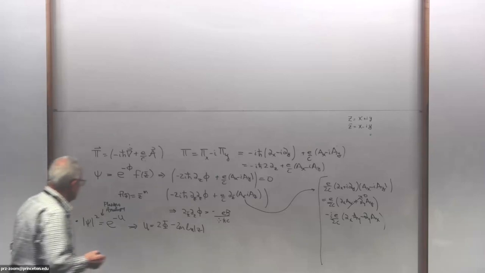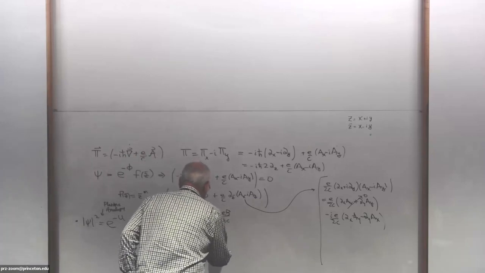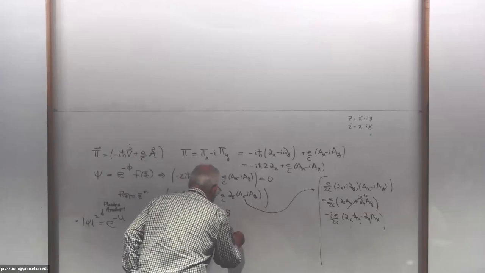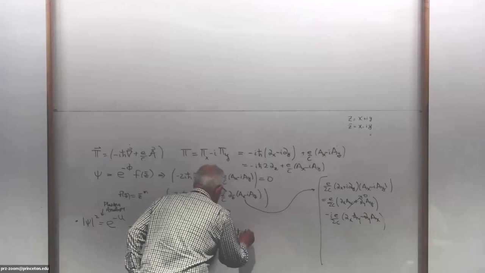So this means in order to be normalizable, the number of normalizable states is 1 state per flux quantum.